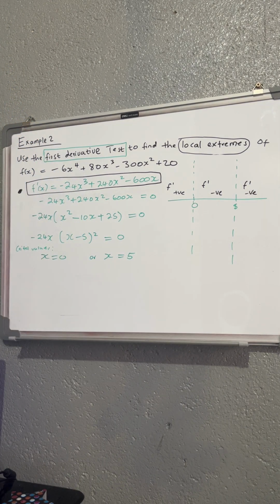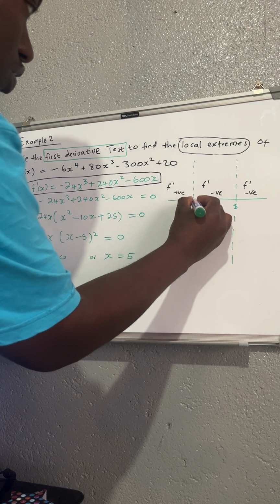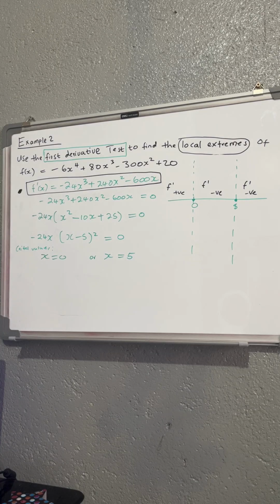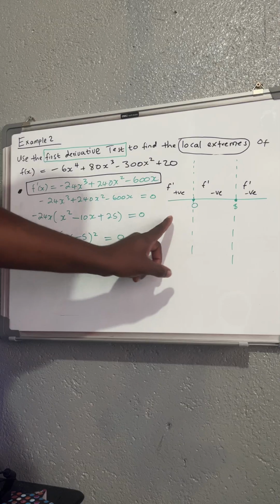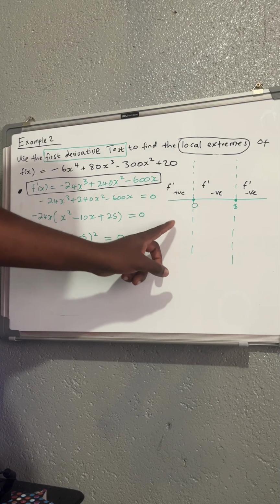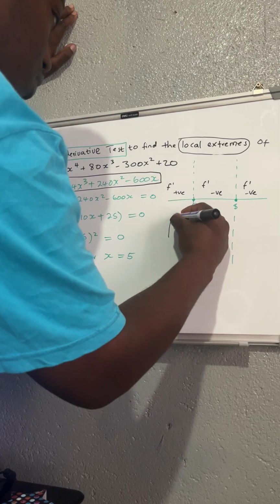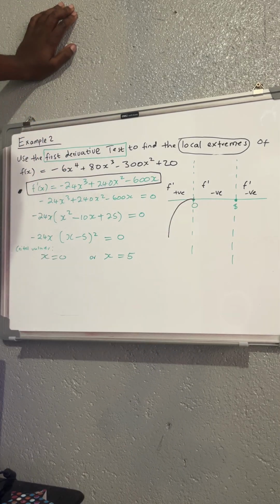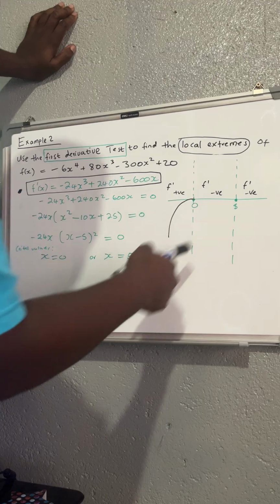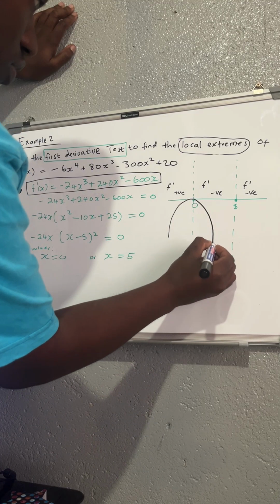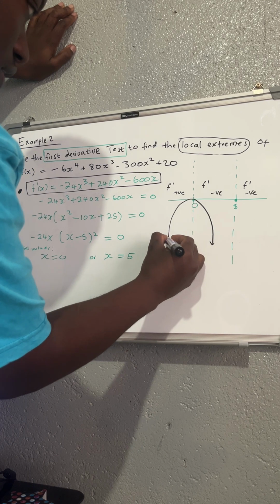I would interpret it like this: exactly at 0 and 5, what is happening on either side. When I was coming from this side, it was positive, it was increasing. So you can say you have something that looks like this. Then when it got to this side, it started decreasing, or it was negative. Then you write something that looks like that.